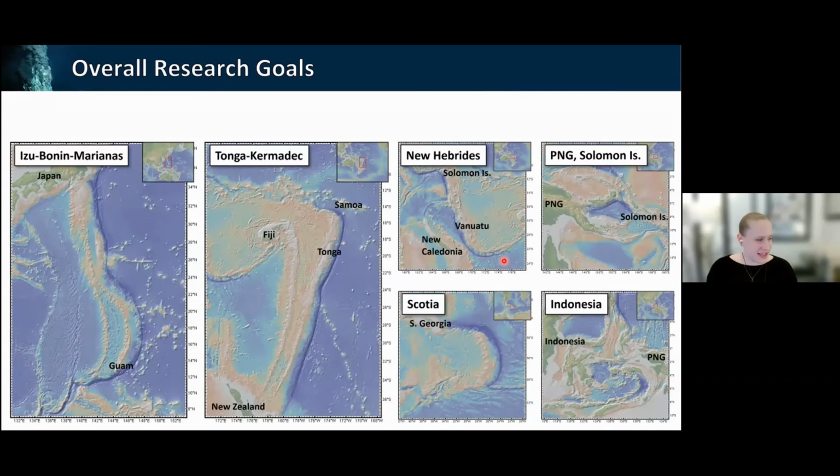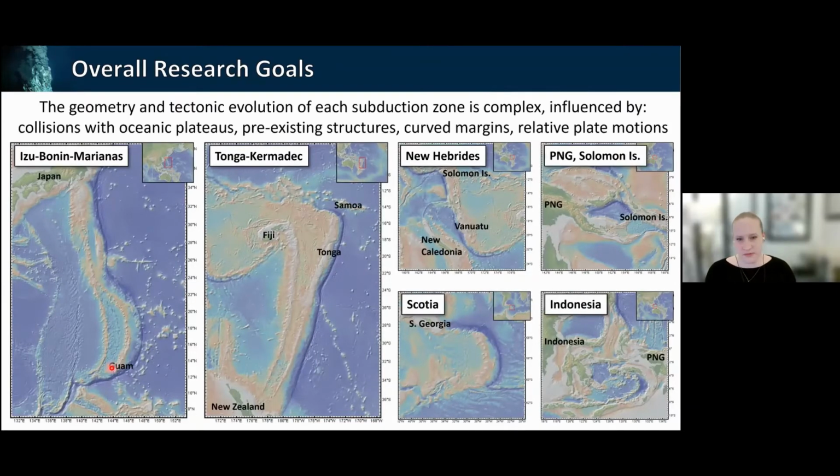On top of that, if we're just looking at the back arc, we have variable proximity to the arc itself, where we can start to supply some of our arc magmas to the back arc. So these are not simple systems. And my main take home for this whole talk is that the geometry and tectonic evolution of each of these subduction zones is really complex, related to all these factors that I just mentioned.